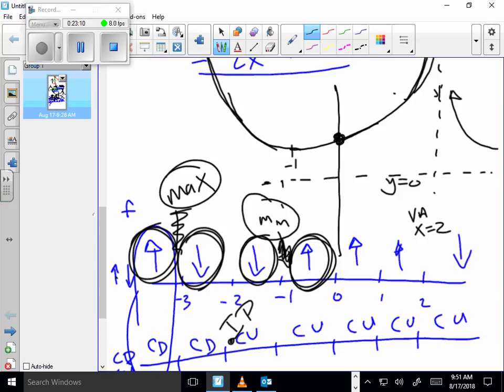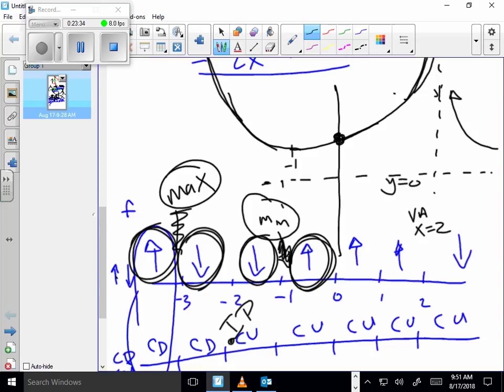Because you've got 2 on your worksheet. And yes, this is definitely fair game for the Chapter 1 test. Okay. As x heads to negative infinity, f of x heads to negative 1.